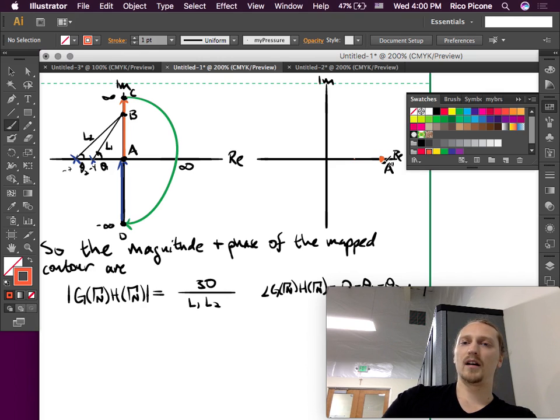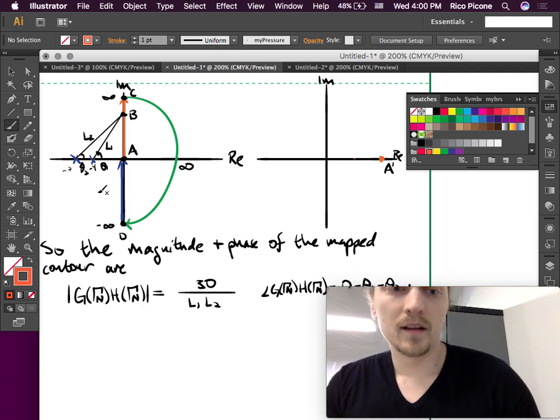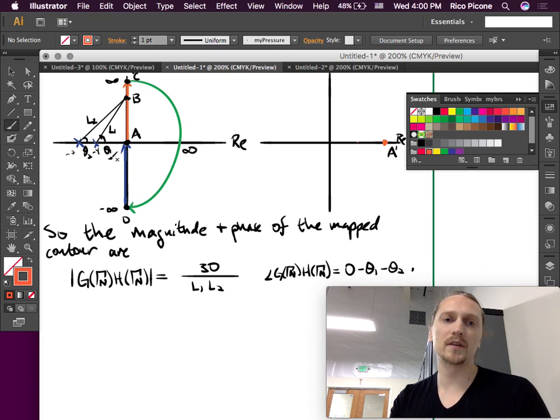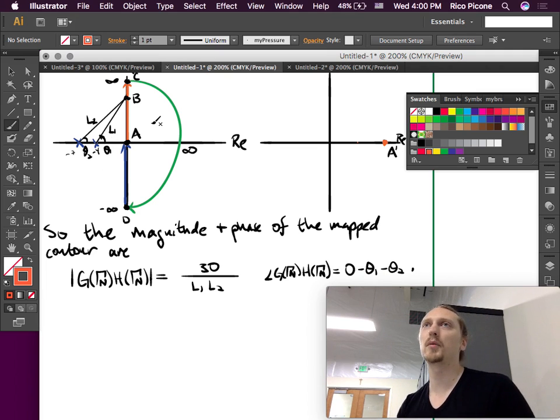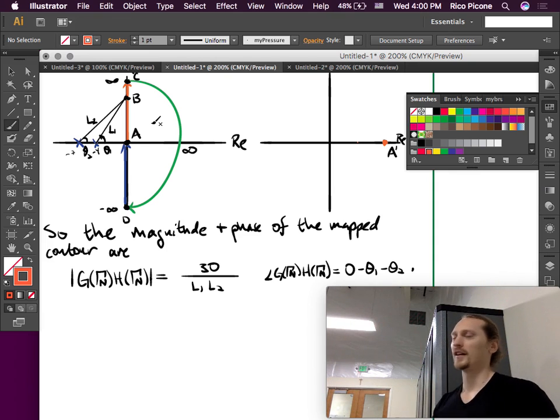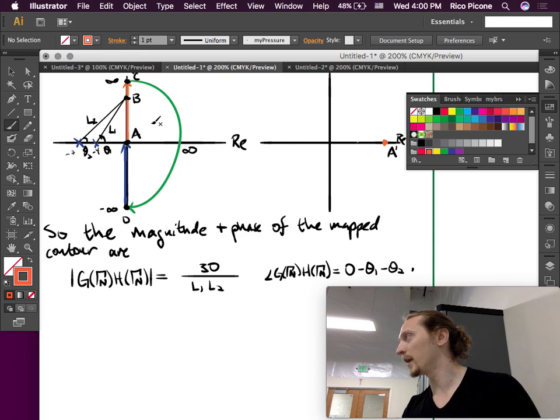And as we go up this, the angles are going to do what? Increase, so the total angle decreases. So theta 1 and theta 2 increase, and as we go up to positive infinity, they approach 90 degrees. It gets more and more vertical as we go off to infinity. So the total angle contribution is going to be negative 180 degrees, negative pi.